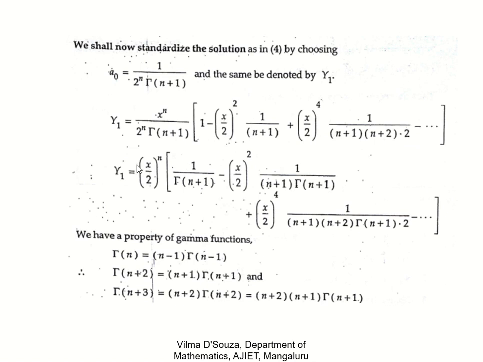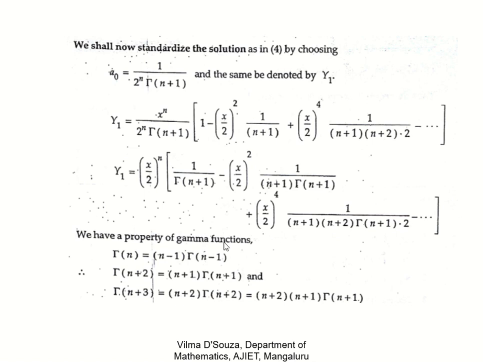So that will be x by 2 whole to the power n. Multiply this 1 by gamma n plus 1 throughout all the terms: 1 by gamma n plus 1, minus x by 2 whole square into 1 by n plus 1 into gamma n plus 1, plus x by 2 to the power 4 into 1 by n plus 1 n plus 2 gamma n plus 1 into 2 and so on.